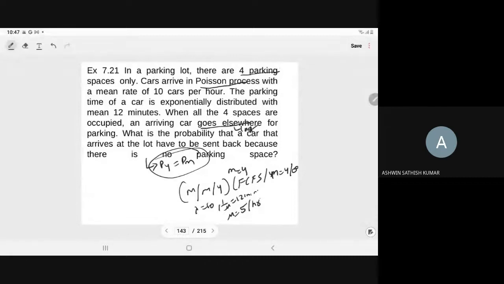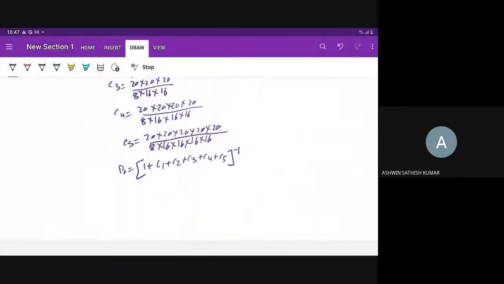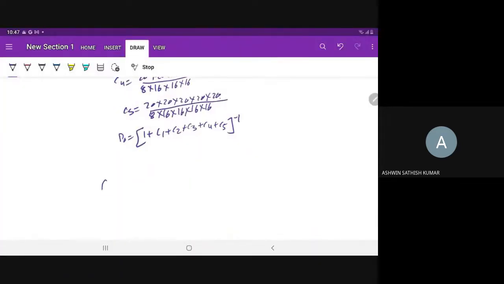So this is a mixture of the finite capacity and the self-service model. Here we have zero cars, one car, two cars, three cars, and four cars.